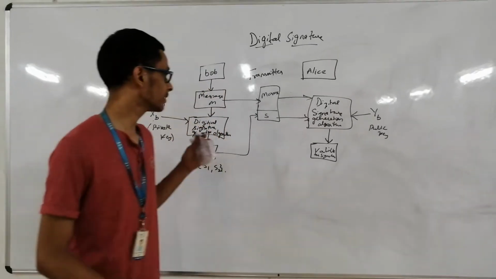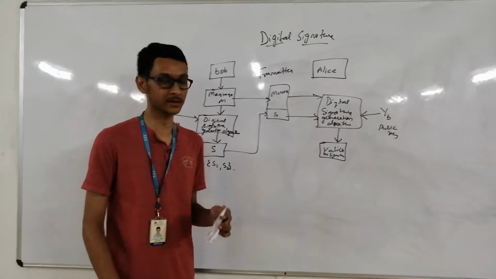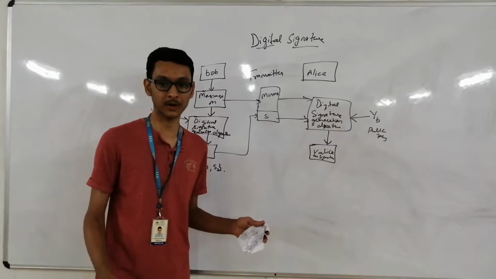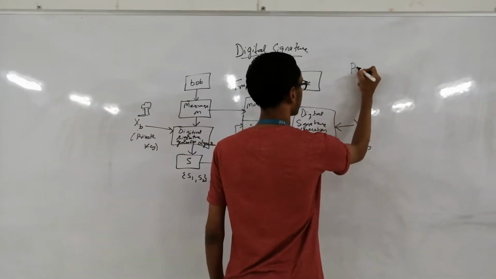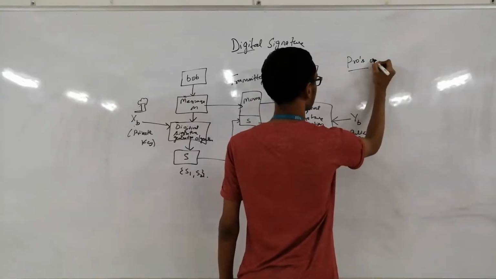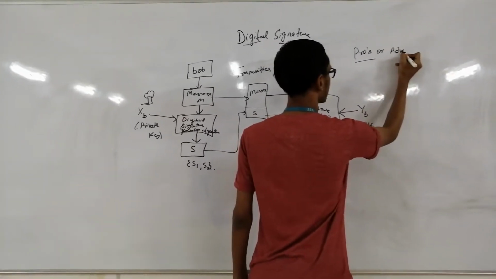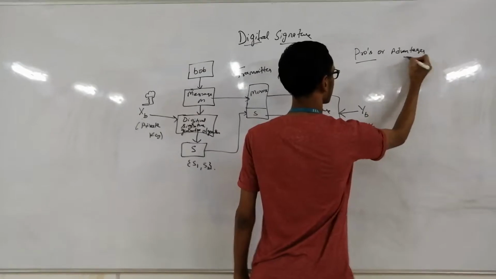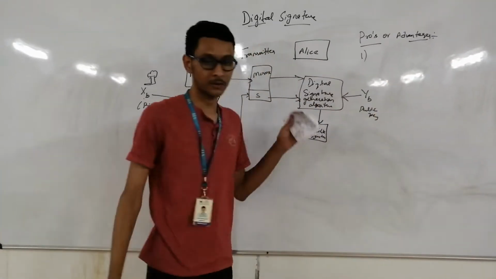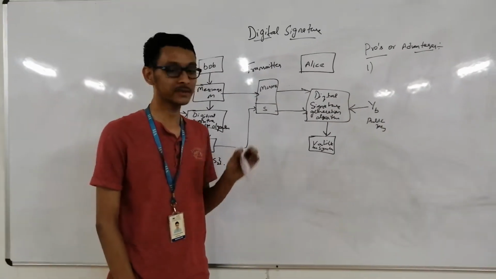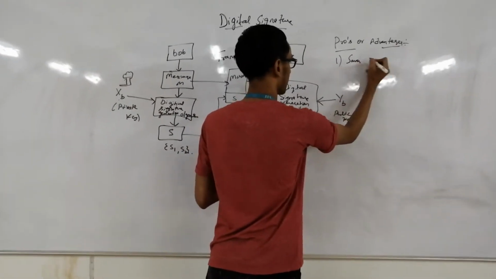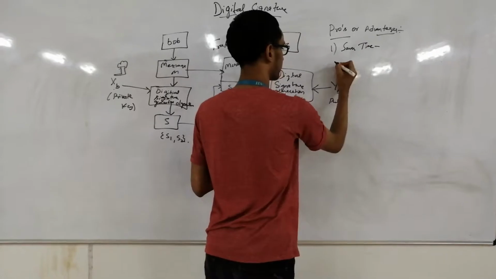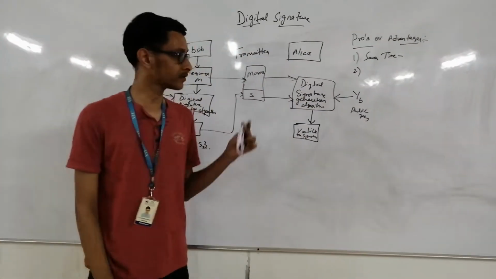Okay, now with the general mechanism of the digital signature done, let me talk about the pros of digital signature. Digital signature saves a lot of time. So how can it save time?